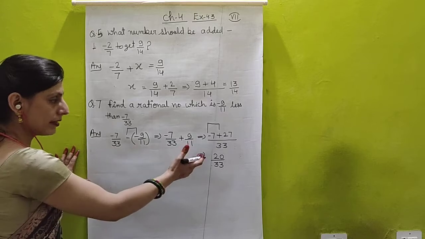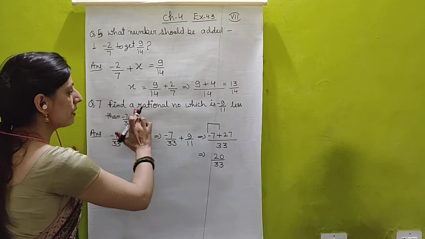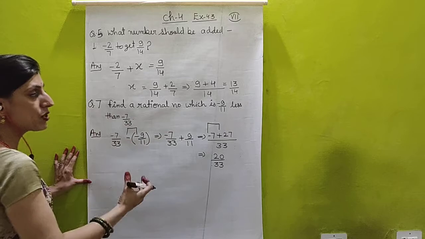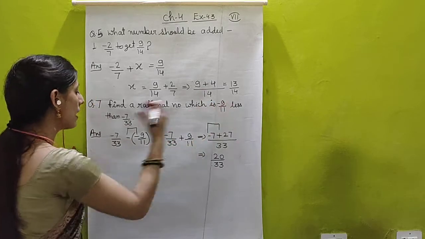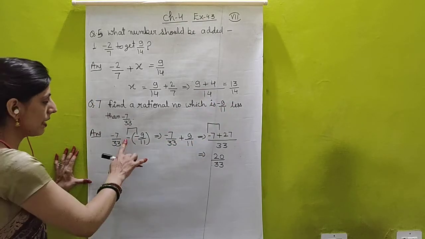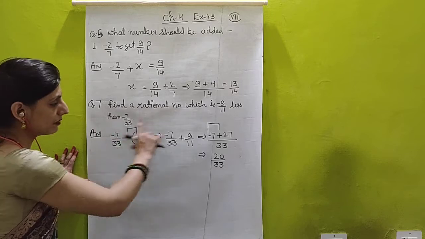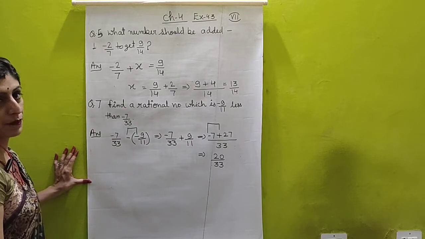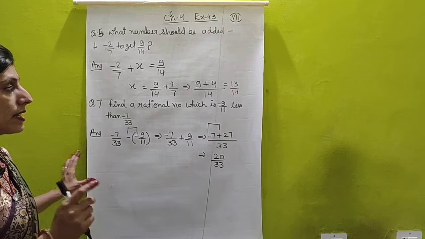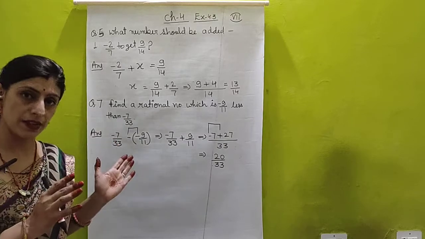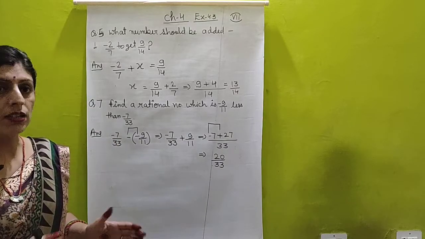So students, here because what is given, we have to find a rational number which is minus 9 upon 11 less than. For this less than we have done here minus, and afterwards we have solved with the help of LCM. Students, now question number 8 is as it is of question number 7. So that I am not explaining here. Now question number 6.